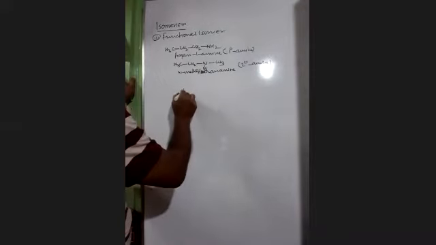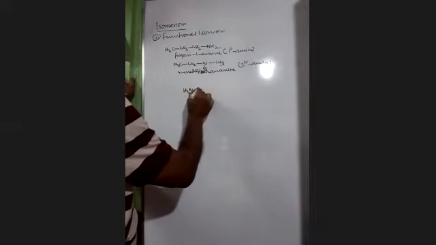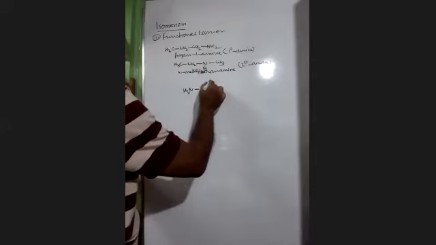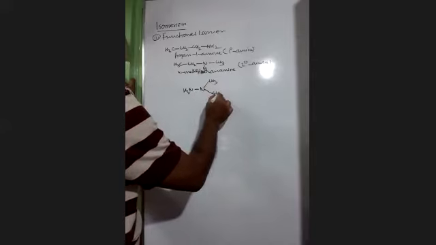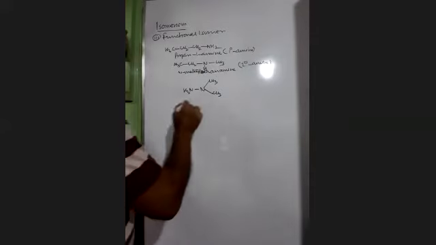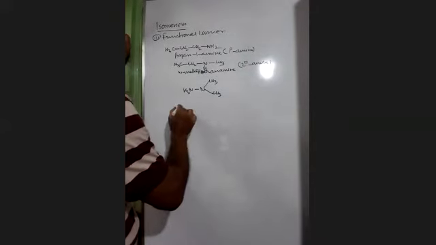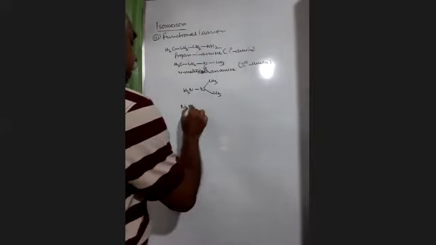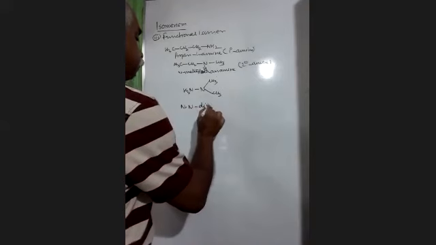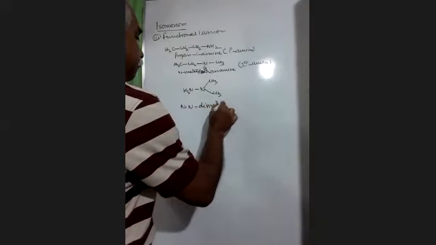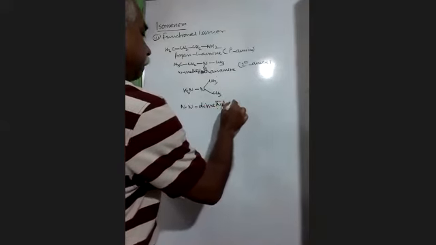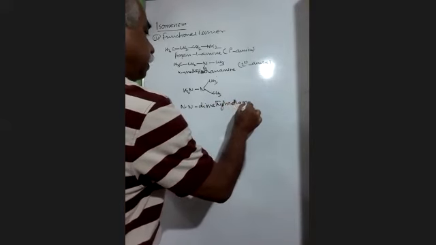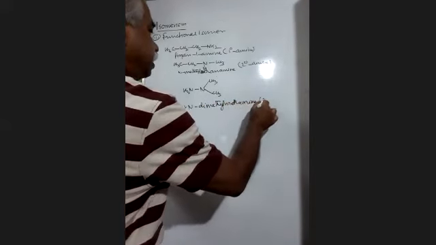Then see, this is called trimethylamine, but the IUPAC name is N,N-dimethylmethanamine. This is a tertiary amine. So these are the functional isomers.